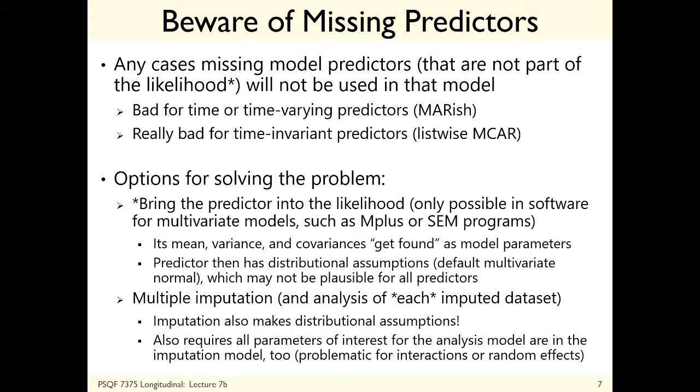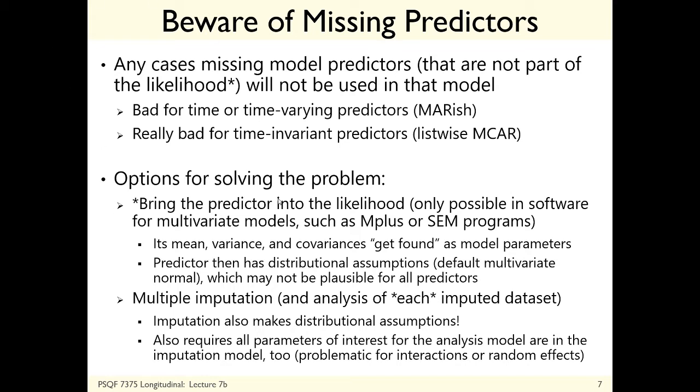Early SEM programs and SEM textbooks used to have words in them that say everything has to be normal to be included in these models. That's because the software put everything in the likelihood. They didn't allow them to not be part of the likelihood, to be predictors that the likelihood is conditional on but not part of.